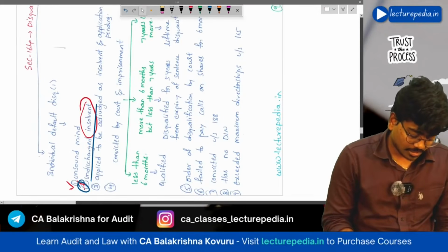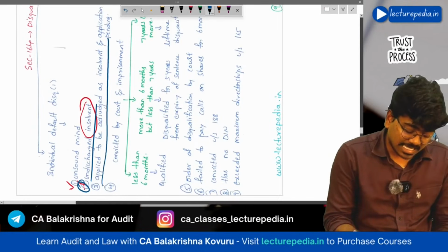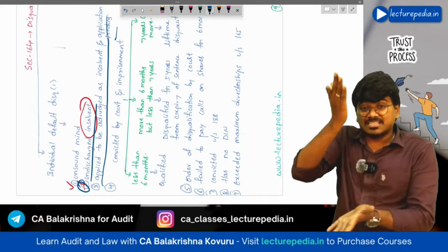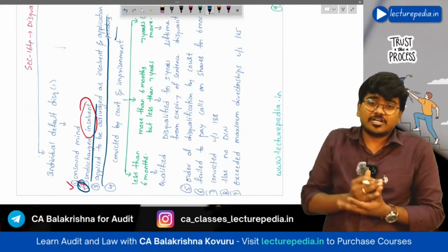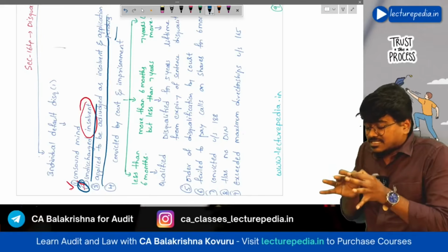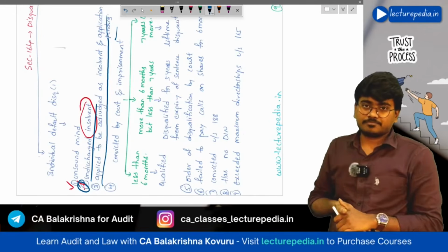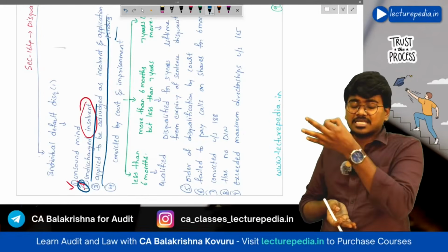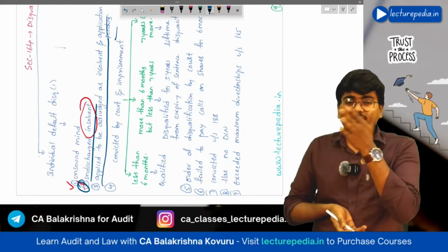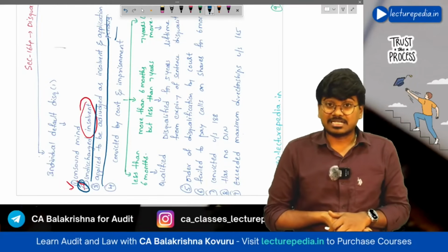Next, applied to be adjudged as insolvent and the application is still pending with the court, in this situation also he will be disqualified. That means once he files an insolvency petition to the court, from that stage he will be disqualified to be appointed as a director.